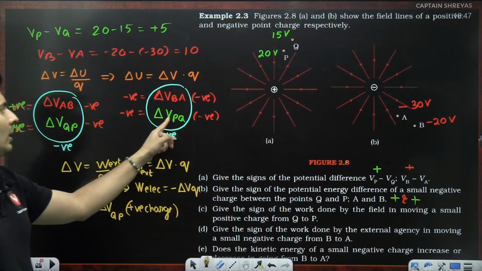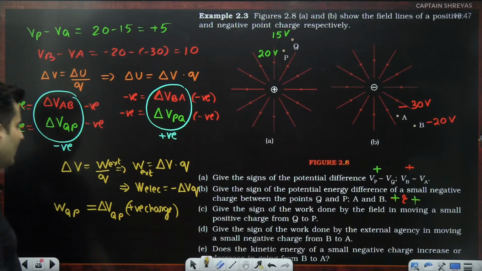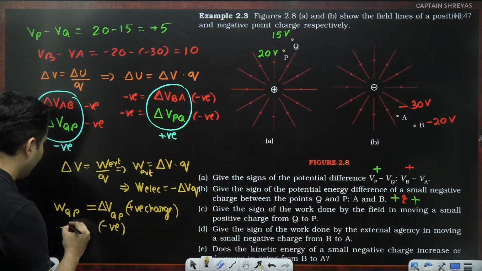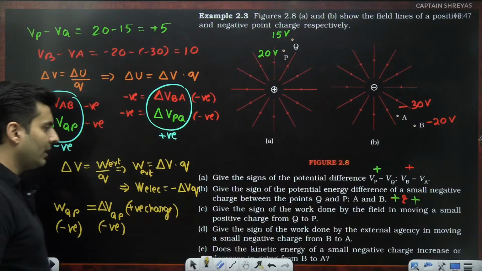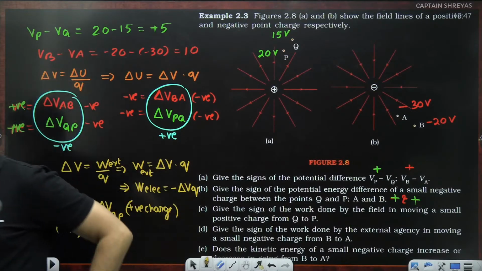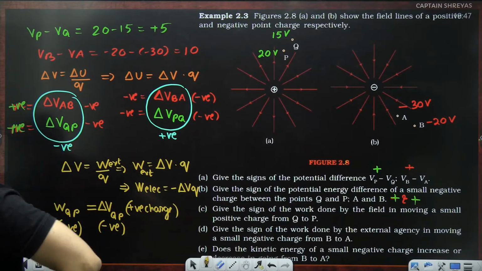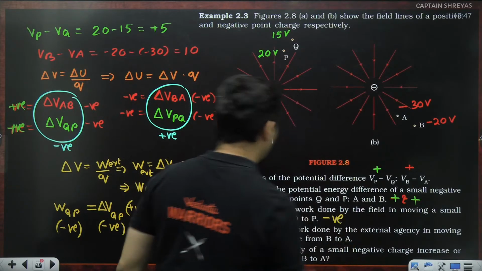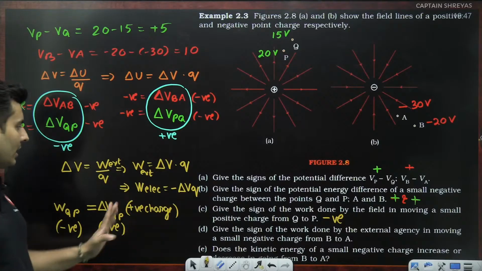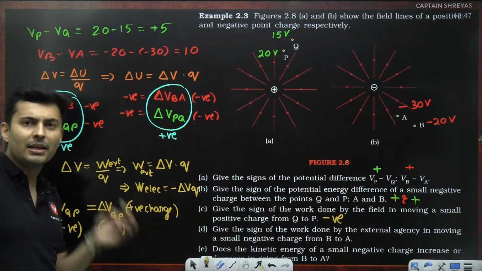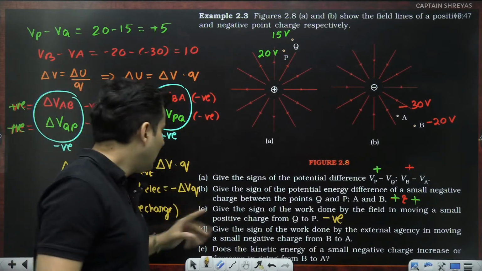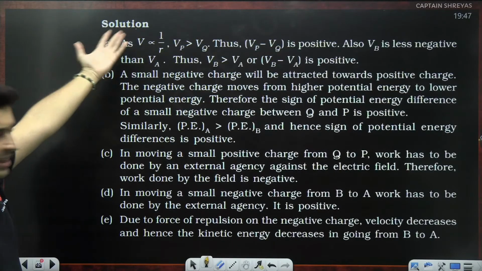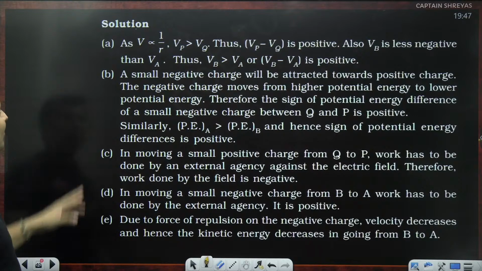We have figured it out over here. QP is basically a negative quantity. That means negative into positive will be a negative quantity. Hence, the answer for this will be negative. Is that absolutely clear how we are doing it? Very systematically. It's a little complex to understand this. So our answers are correct.